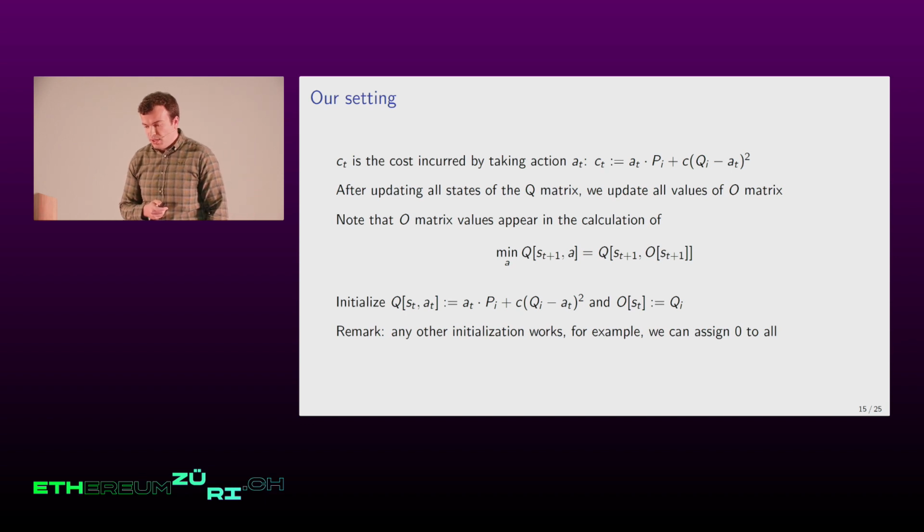And initialization can be done in an arbitrary way, but we just took one of the initializations, which means that at every moment we post all the batches. You can post 0 batches and it doesn't really matter. It converges very quickly and with the same speed.